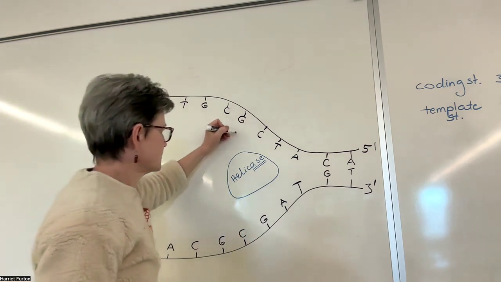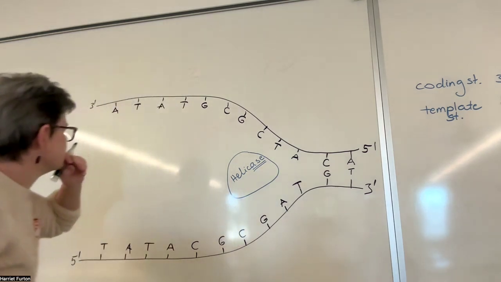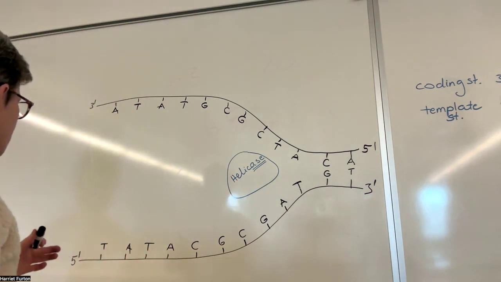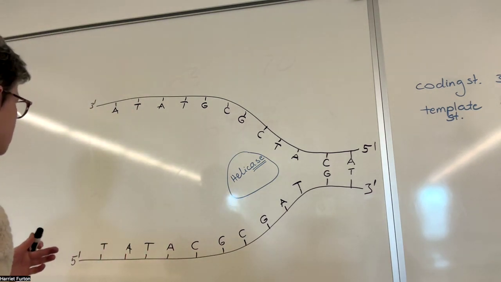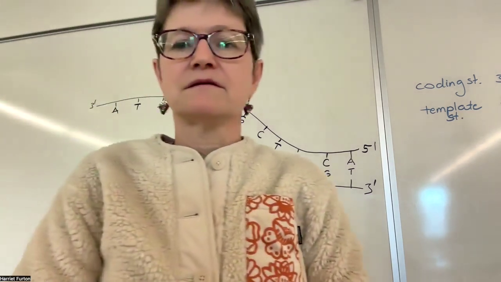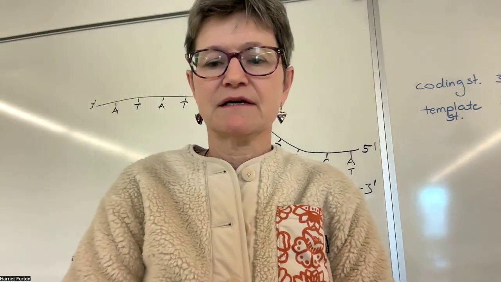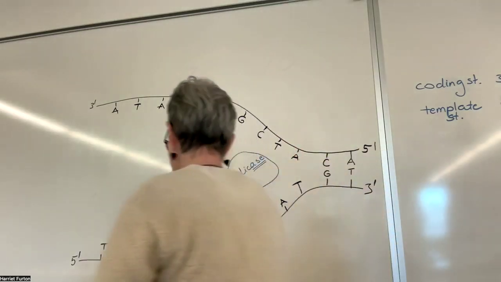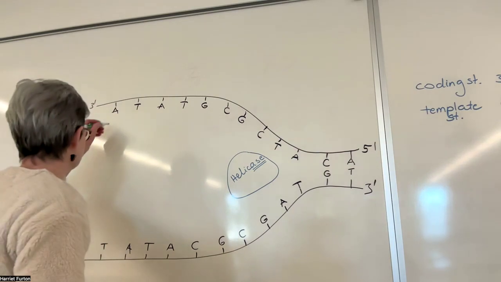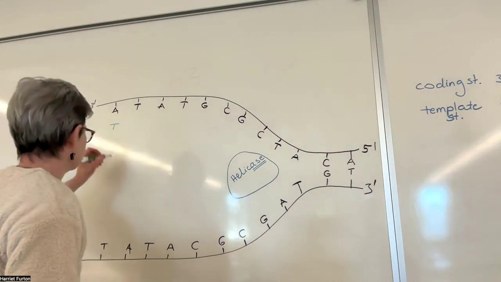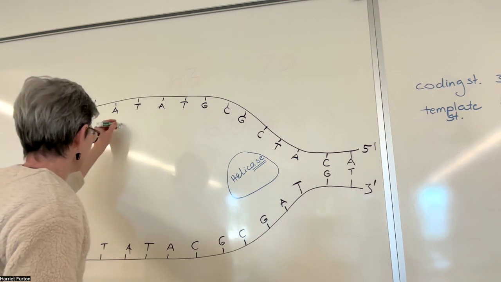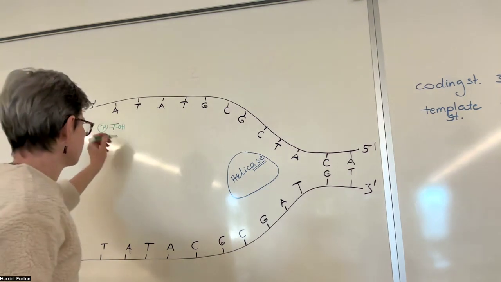Okay, we will start from the fifth end. Wait for a sec. So, we have a T in here and it contains a phosphate end in here and an OH end here.